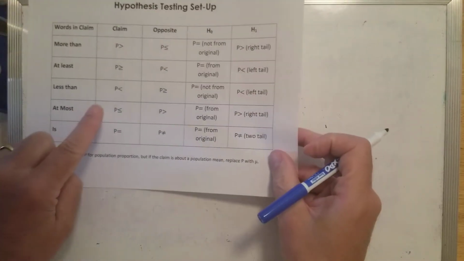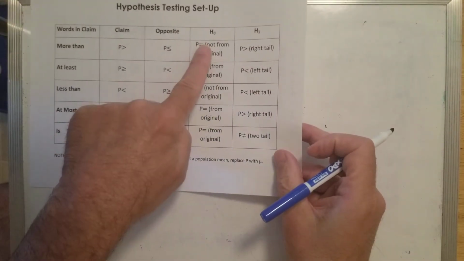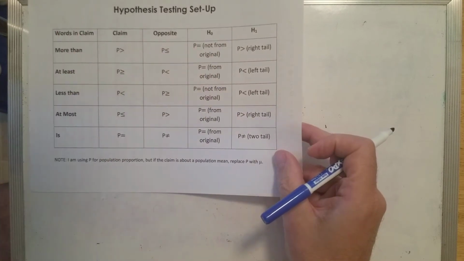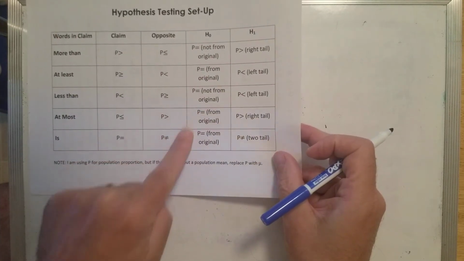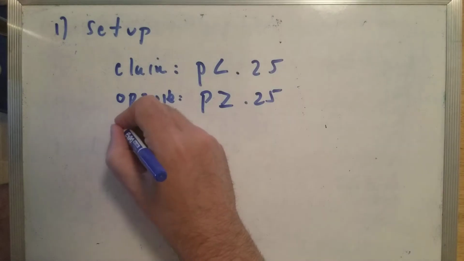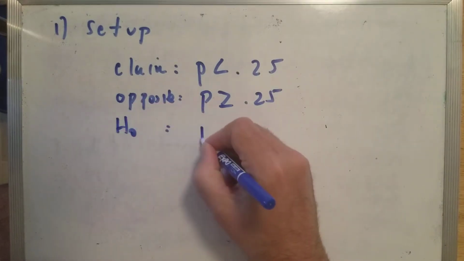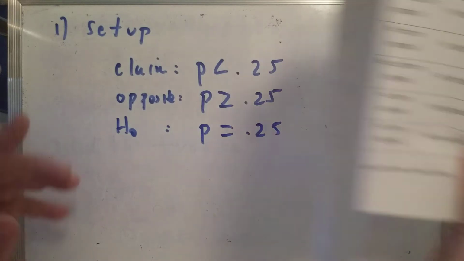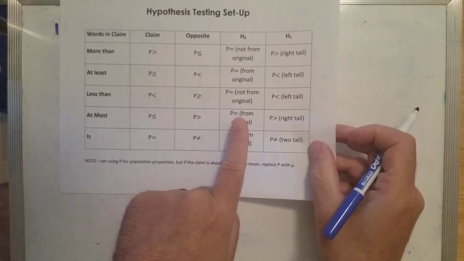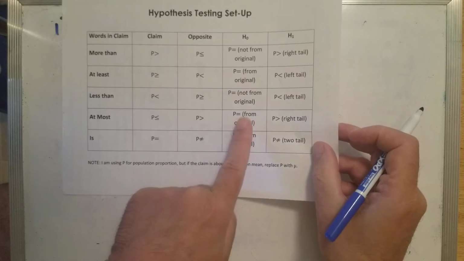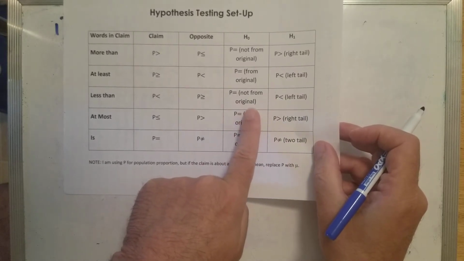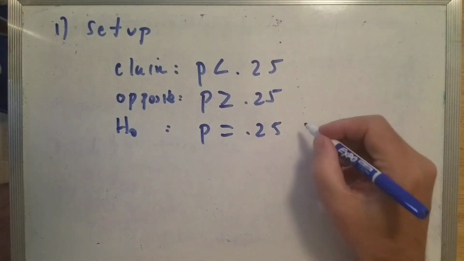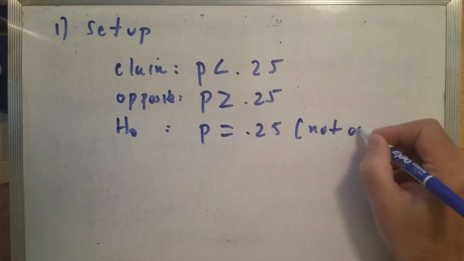Then H null, which is what they call the null hypothesis, is P is equal to 0.25. And notice for later on the conclusion, we want to know whether this is from the original claim or not. This says not from original.